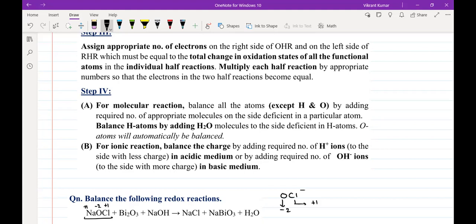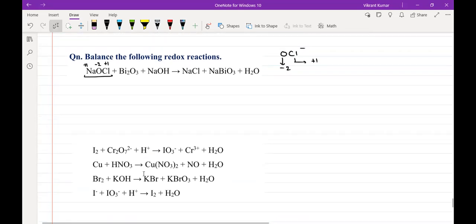Per atom per bismuth change is of 2, है ना, but you have 2 bismuth ना, that's why the total change will be 4. Cl के लिए it is right, okay, but bismuth के लिए it will be 4. Sorry, could you scroll down for 1 second? हाँ जी, which one? Remaining, yeah, take the screenshot.